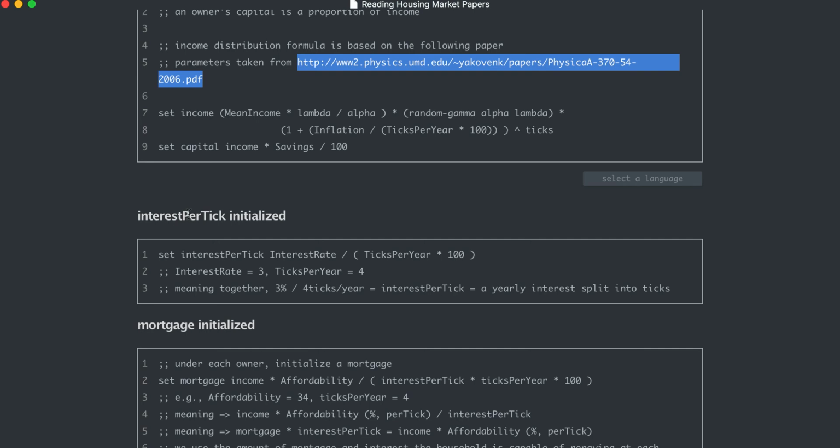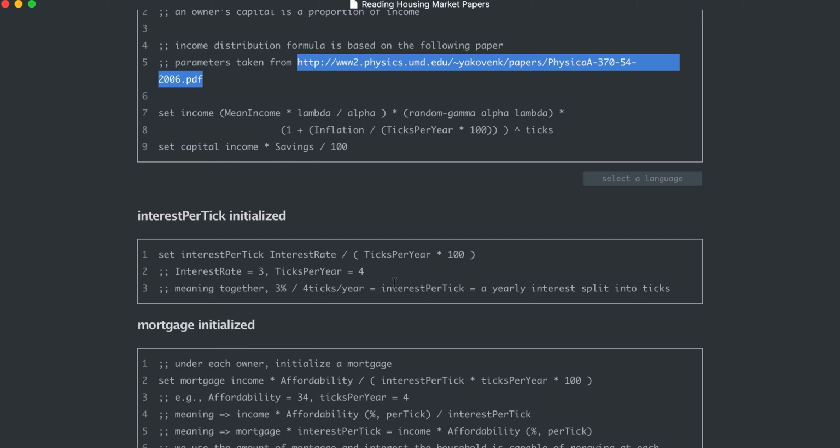So what is interest per tick? We know interest rates, which we normally look at year by year. So when we say the interest rate is 3%, what we mean is the yearly interest rate is 3%. But now in the model, we are not dealing with years, we are dealing with ticks.